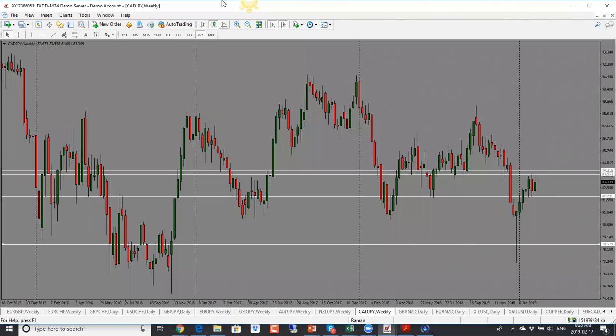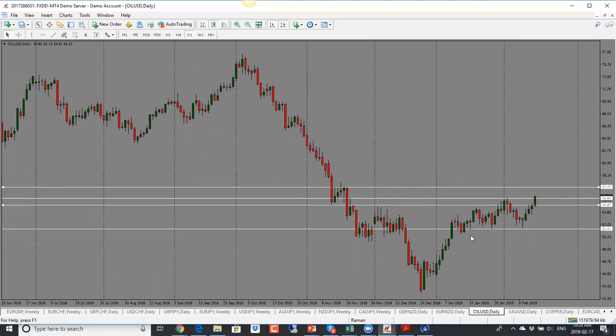But in the weekly here, we have a large bullish candle, which means I will look for price to go up, test the high, and if it doesn't go through, then looking for it to come back into this range again. So this one is range bound here, and I will look for it to stay in the range here. Okay, so let's move on to our commodities now.